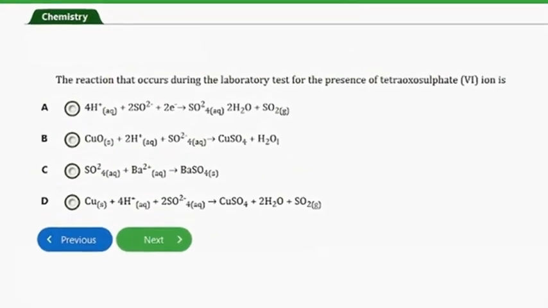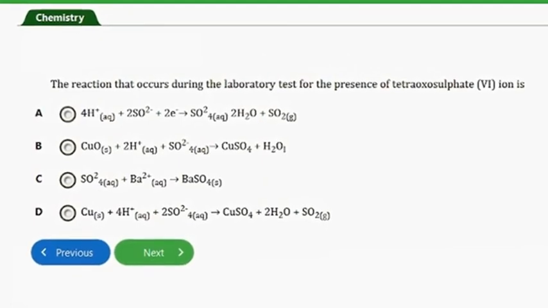That's question number 6. It says, the reaction that occurs during laboratory tests for the presence of tetraoxosulfate 6 ion is A, 4H+ plus SO4 2- plus 2 electrons yields SO2 plus 2H2O.